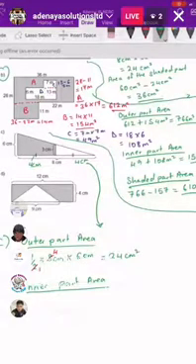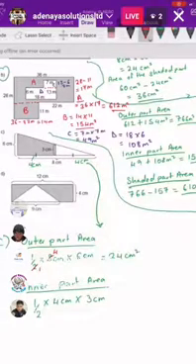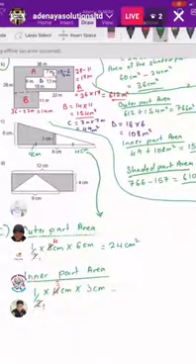So the area of the inner part is half times base, which is 4 centimeters, times the height, which is 3 centimeters. When you simplify that, 2 divided by 2 is 1, and 4 divided by 2 is 2, and then 2 times 3 is 6 centimeters squared.